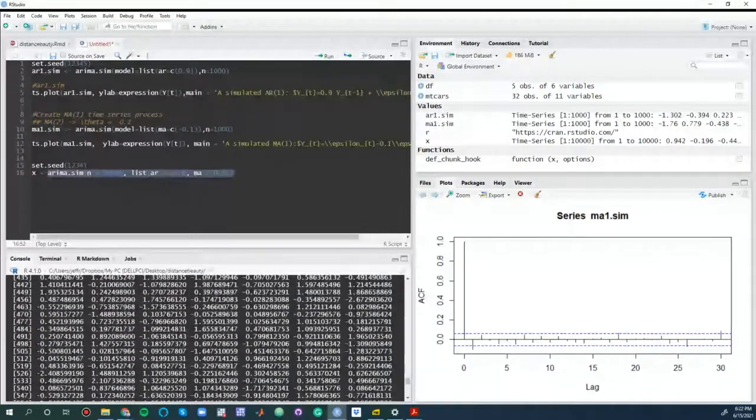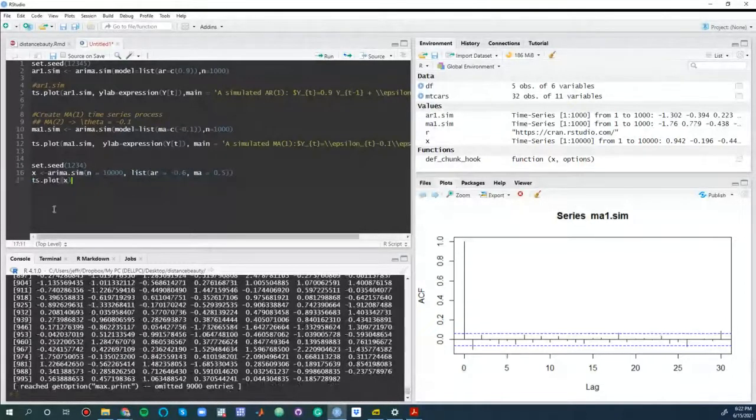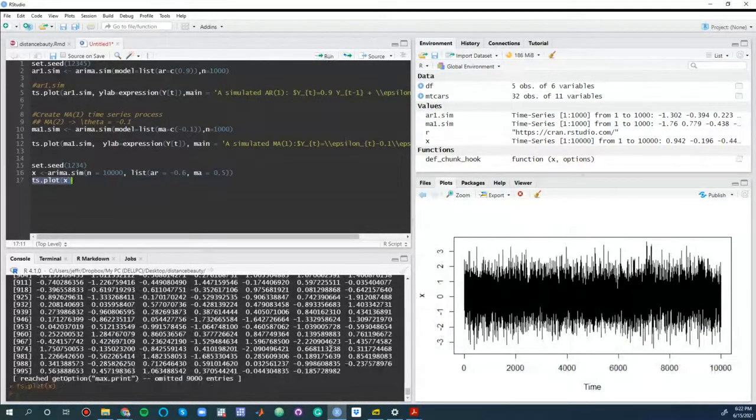Okay, if you want to plot it, that's very easy as well. You could type plot, right? Just run this sequence. So this is the outcome that you see. As you can see, is this ARMA(1,1) series stationary or not? If we use our bare eyes to take a look, it looks like the expectation value of each period is around 0, right? That's because we don't choose a drift.